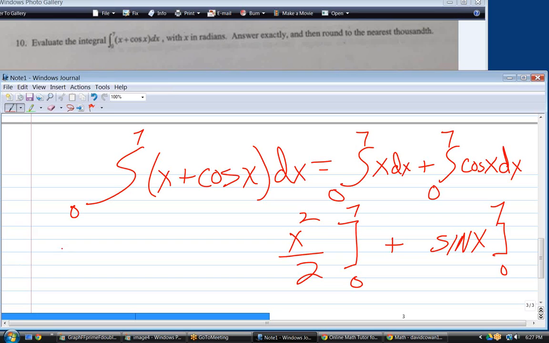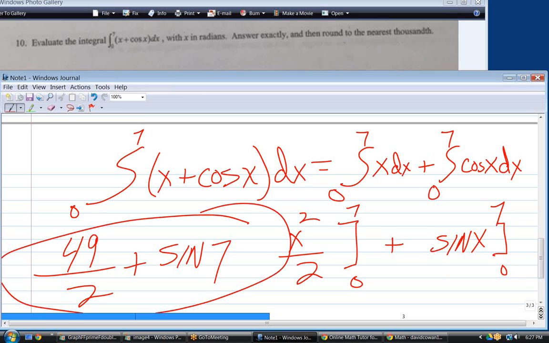So what do I have? I have 49 halves plus sine of 7 radians. And in both cases, when I apply the lower limit, it's 0, so I can ignore that. So there's my answer.